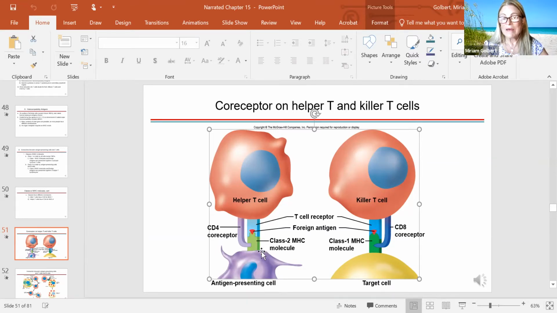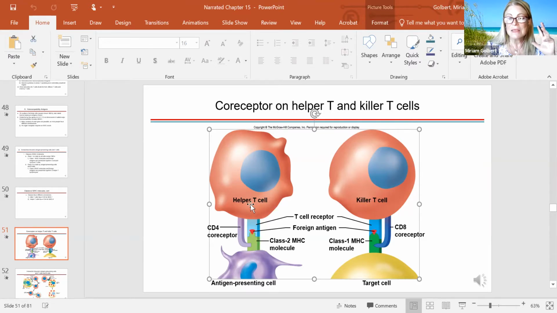So in our body, we have two kinds. We have the class 2 and the class 1. The class 2 is always on antigen presenting cells, which are infected cells that are exposing that antigen on this little protein. And this class 2 fits exactly with the helper T cell. So this helper T cell now knows that there's an infection here.